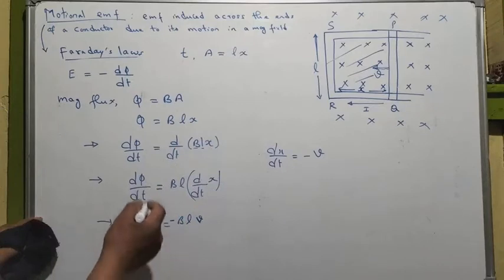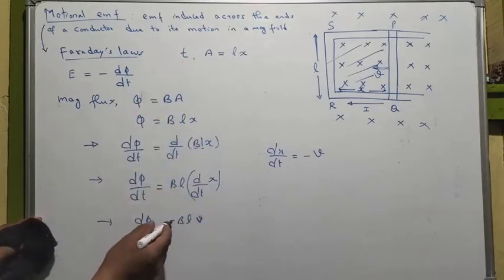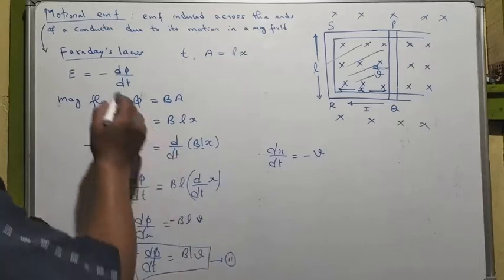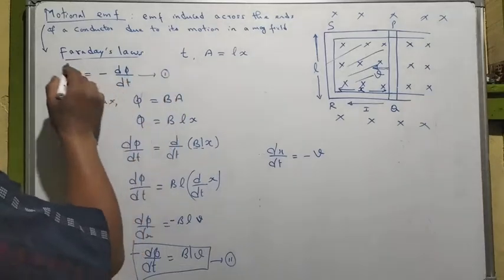So if you take this minus here, then I get minus dΦ upon dt equals BLV. This is my equation number 2, and I'll name the earlier one as equation number 1.